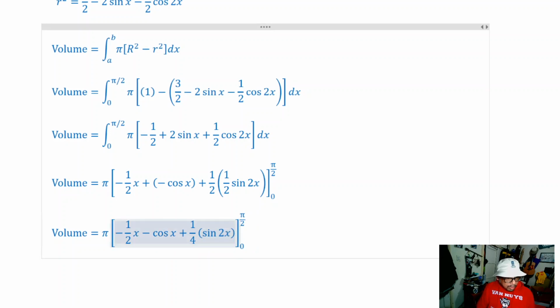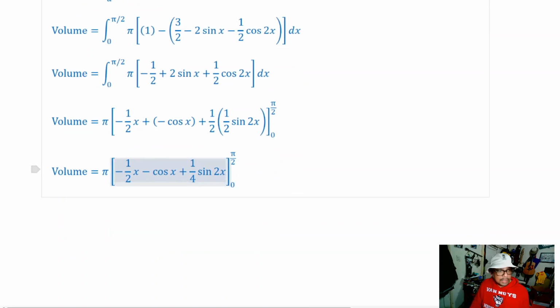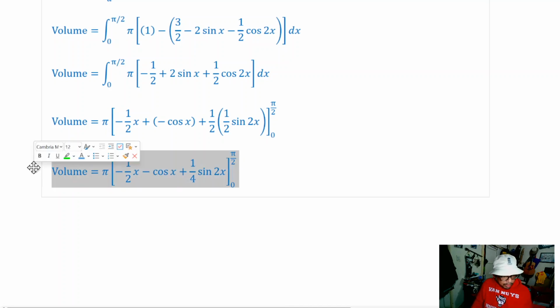And then now we can just take this out. So that's now sine of 2x. All right, that's going to make things easier to substitute.